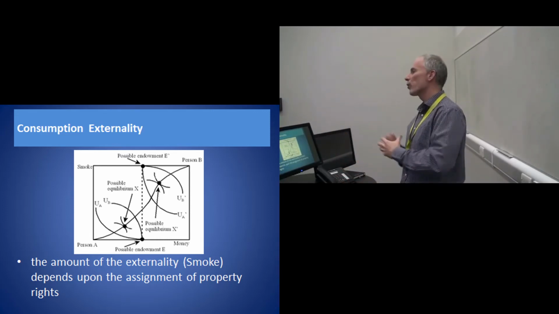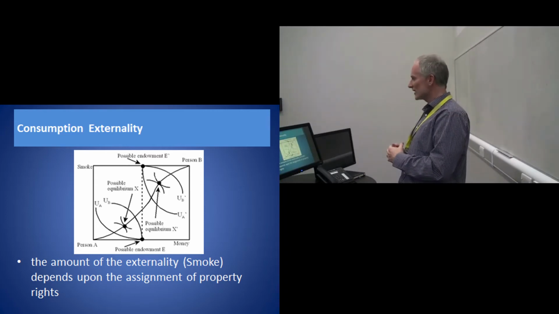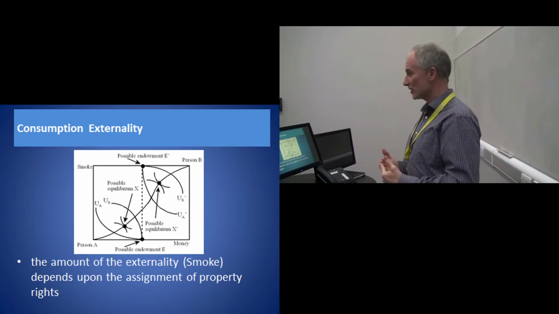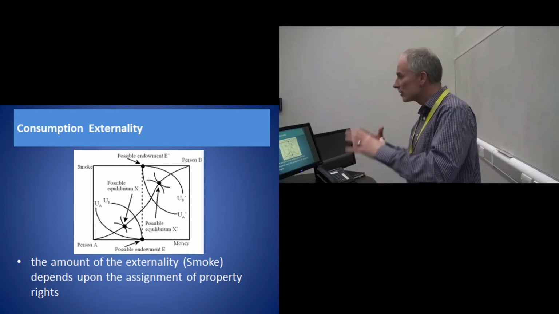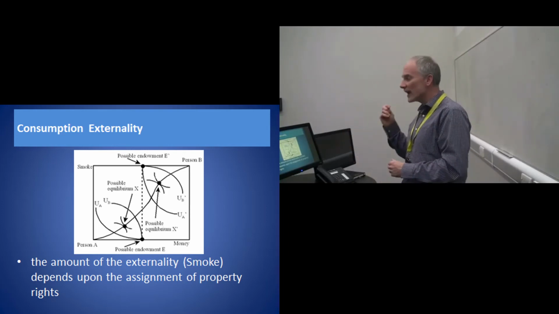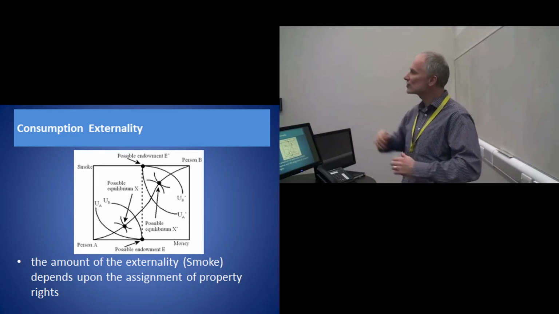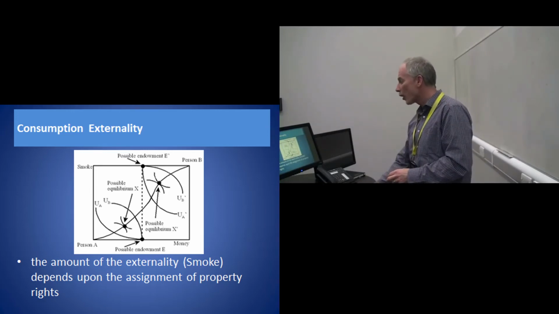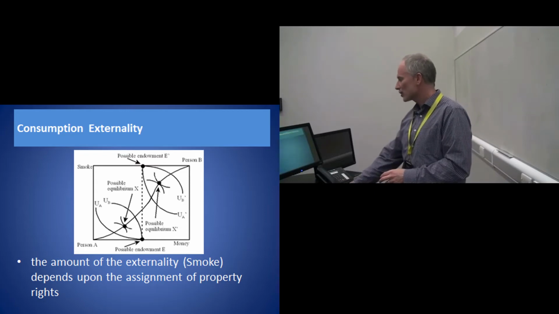And what we know within this box here, that even in the presence of externalities, it does not matter how we assign property rights. If individuals are free to bargain with themselves, the outcome that we get is guaranteed to be Pareto efficient.